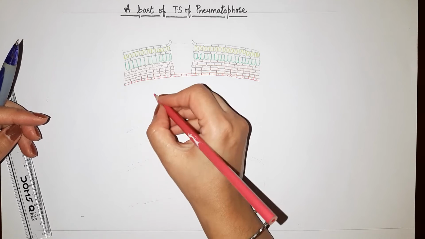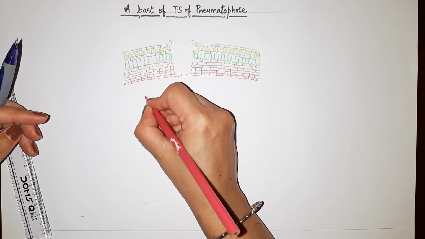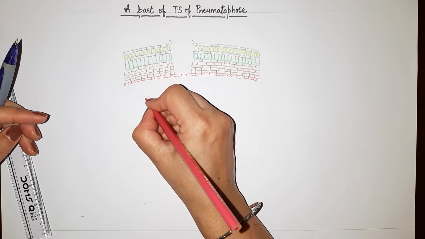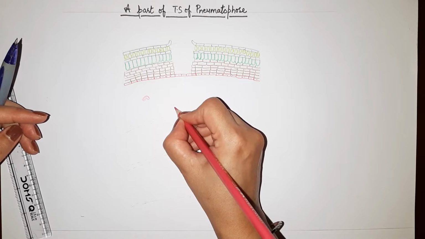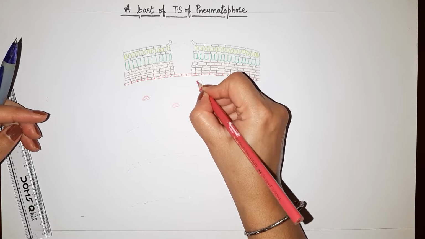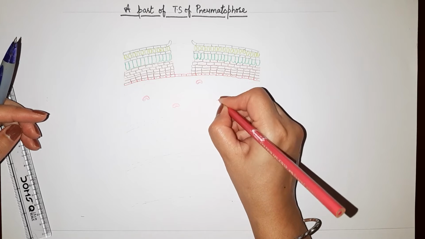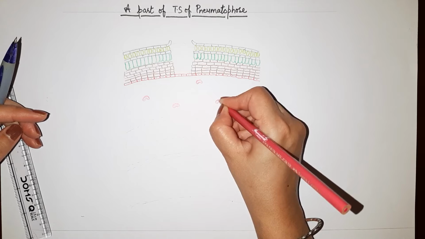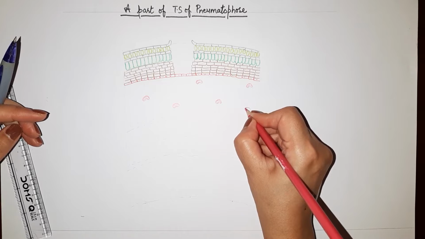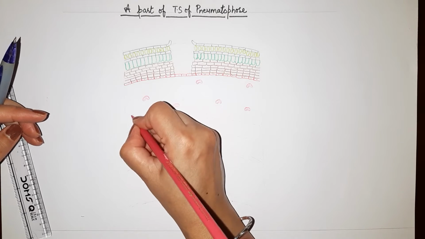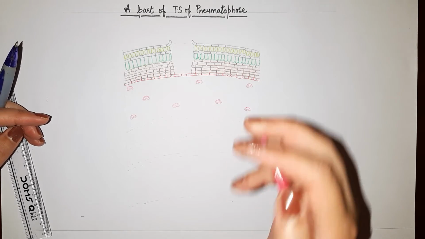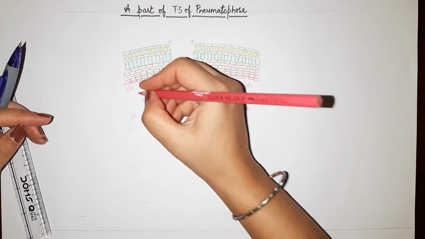You will make slightly bean shaped structures, large structures, double walled at different places in this area. Okay, so from these the stellate cells will arise.